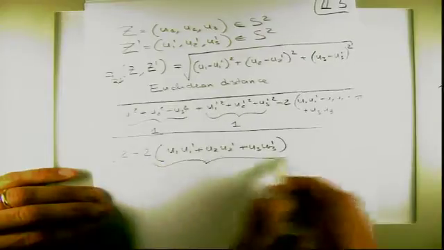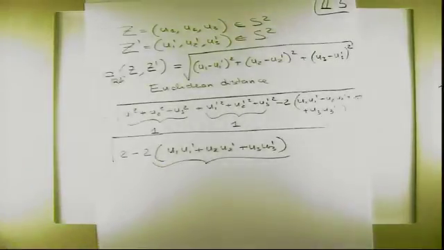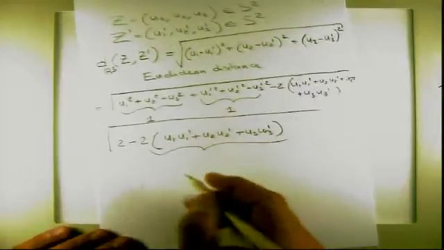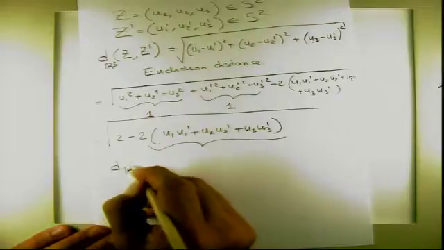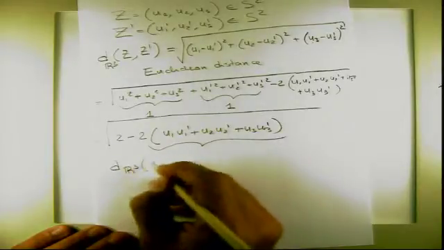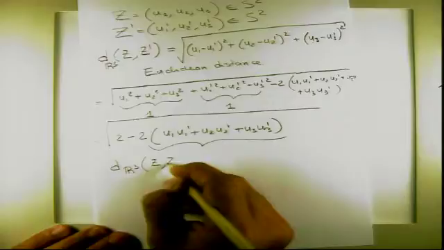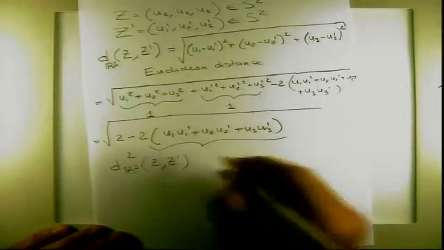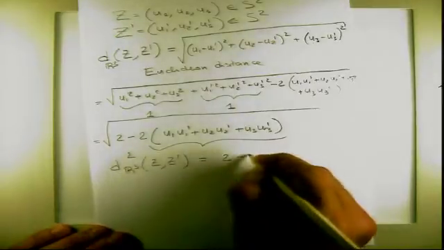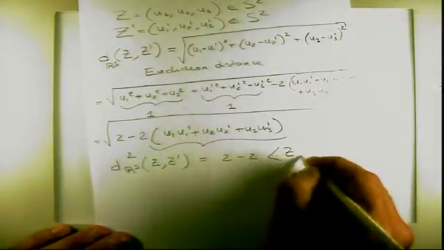Well, this is also familiar to us, or should be. What is this? This is the scalar product of z and z prime in R3. Hence, if I want to summarize the calculation we have done, the square of this distance is 2 minus 2 times z bar, z prime.